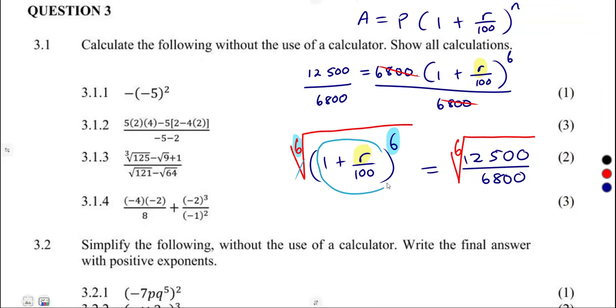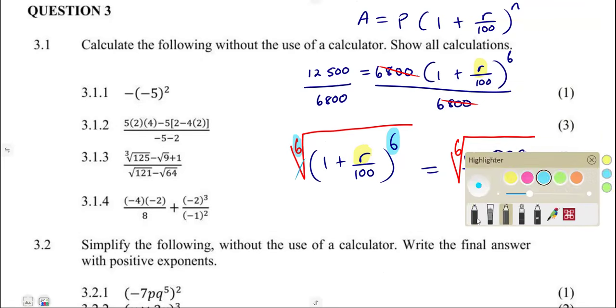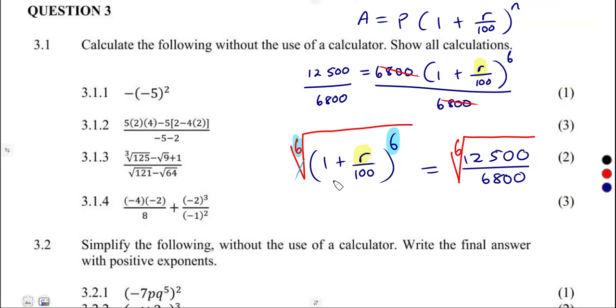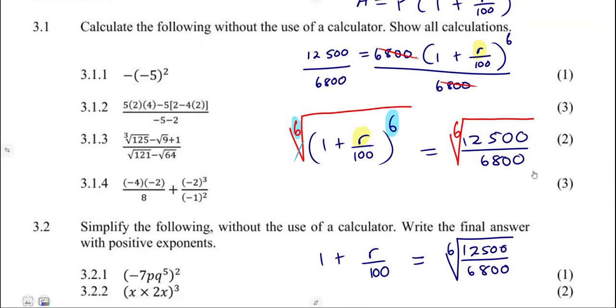So you remain with 1 plus R over 100 is equal to the sixth root of 12,500 over 6,800.